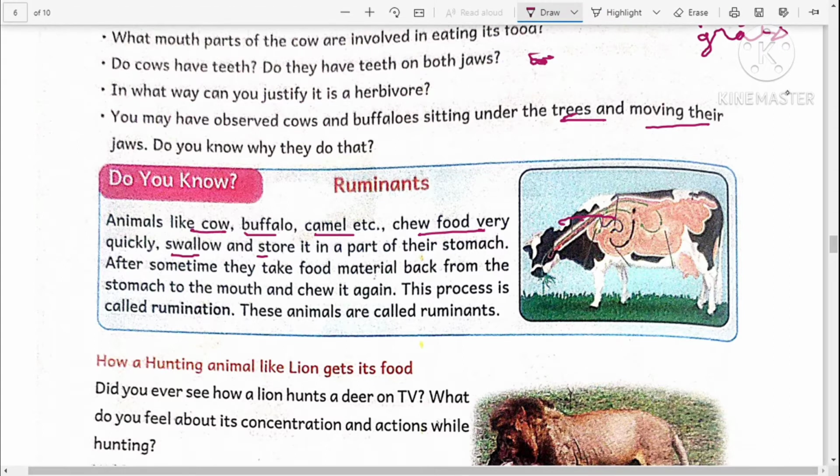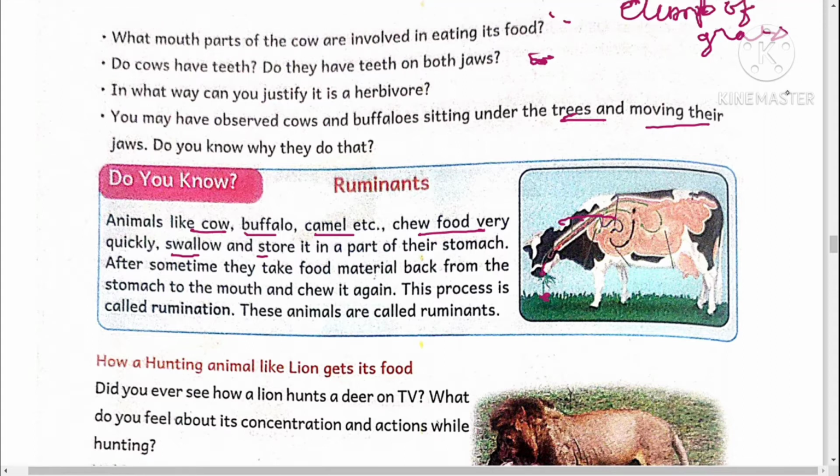So whenever they see the grass, they immediately swallow it and store it in one part of their stomach. And after some time they bring the food material back from their stomach into the mouth, sit leisurely and chew it again.